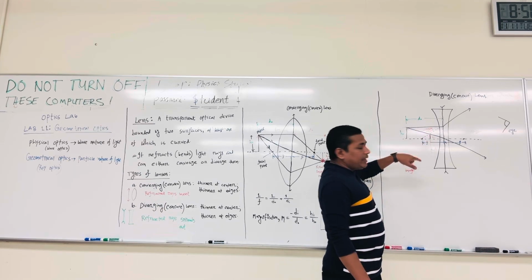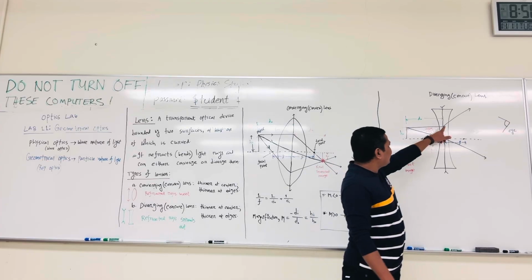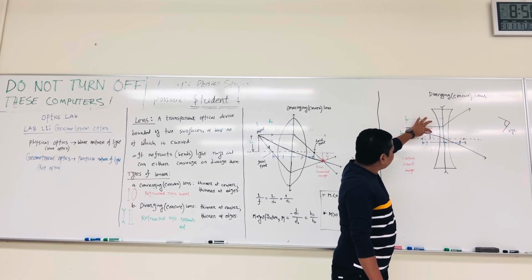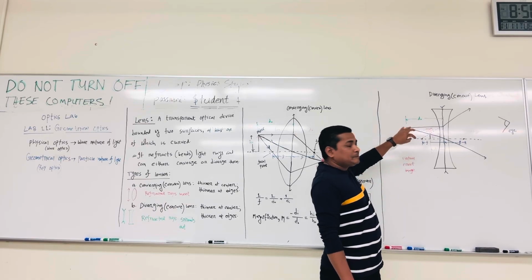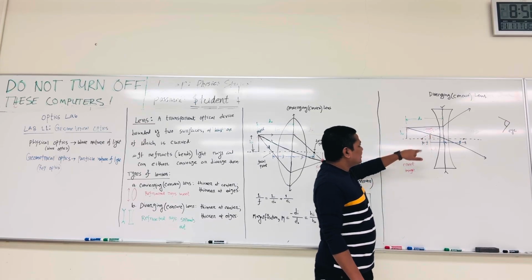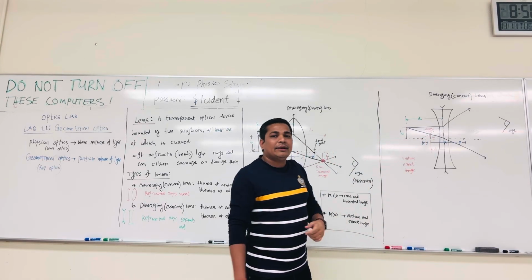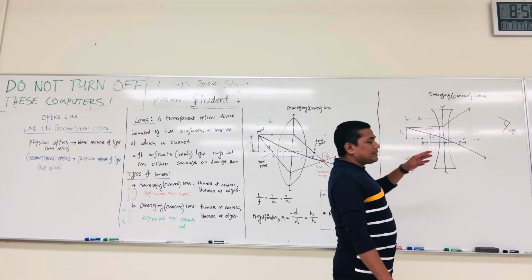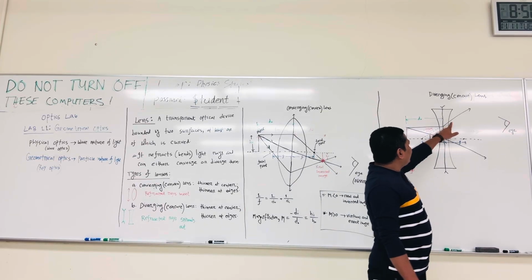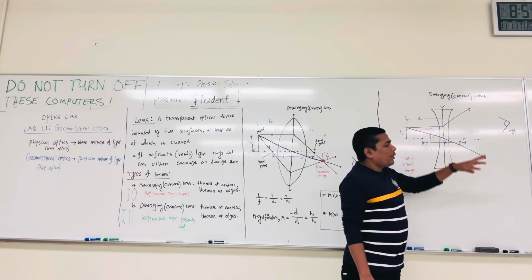But if we extend these refracted rays in the backward direction, then they meet at this point. This is the intersection of the extended refracted rays in the backward direction. Then it looks like these rays are coming out from this point.